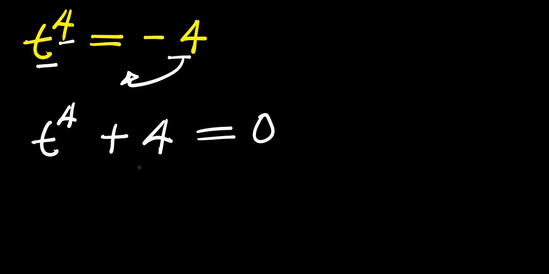Now we have to factorize this, but there is no way we can factorize what we have right now. This is t power 4 plus 4 equals 0. Now this is the trick that we are going to use right here. I can decide to add 4t squared, then I subtract the same 4t squared from this particular equation.